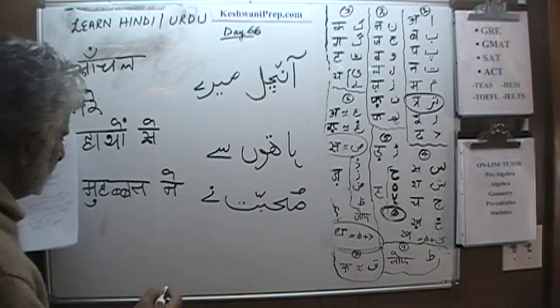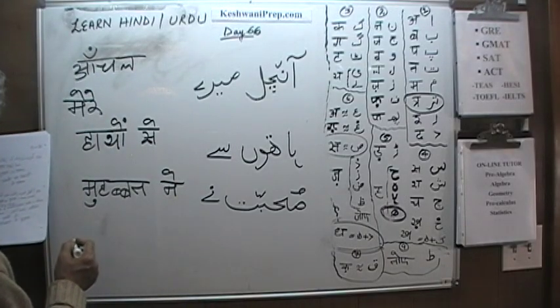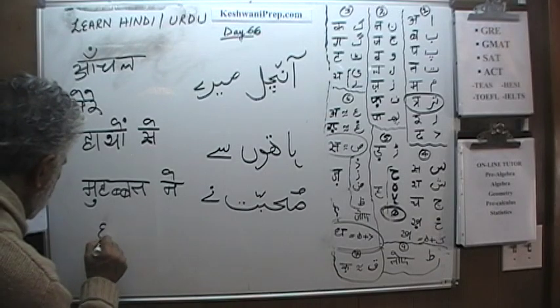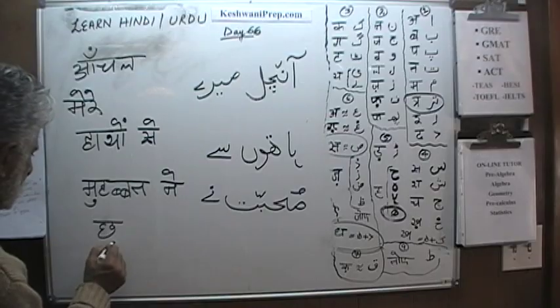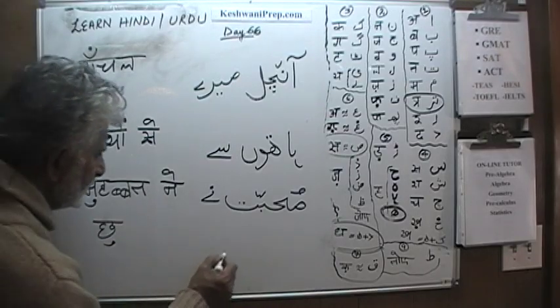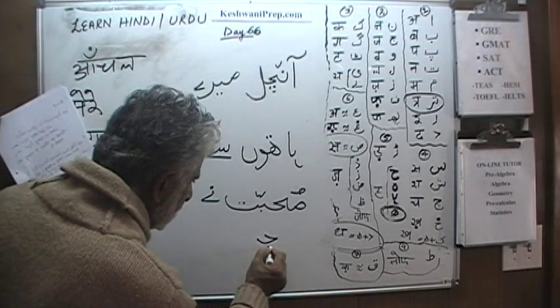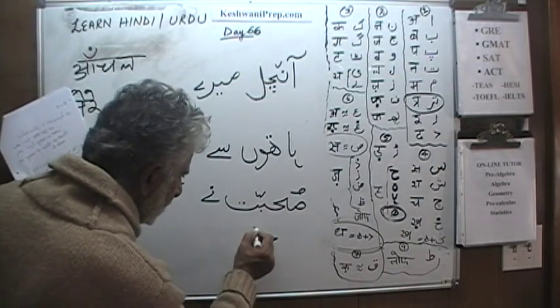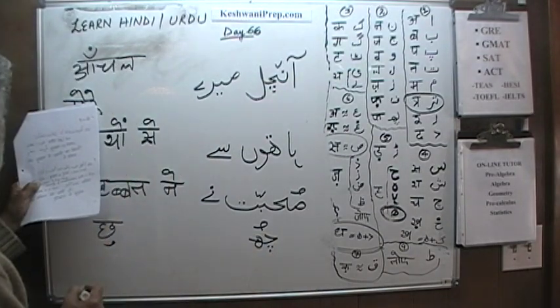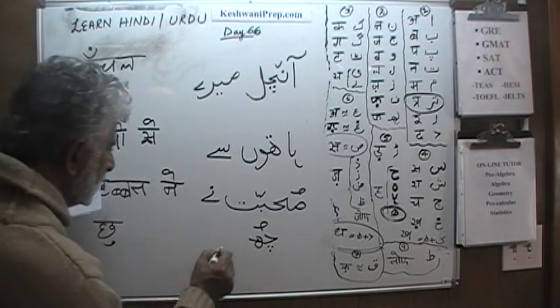Then we need a cha. Cha is this. We don't need a cha, we need a chu. So here's a cha, to which we join the ha, and it becomes a cha. We don't need a cha, we need a chu. Then we need a ra.